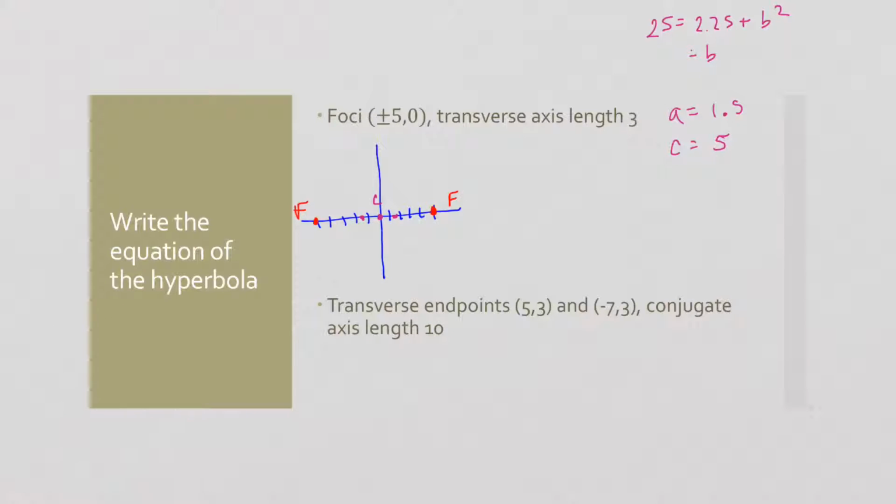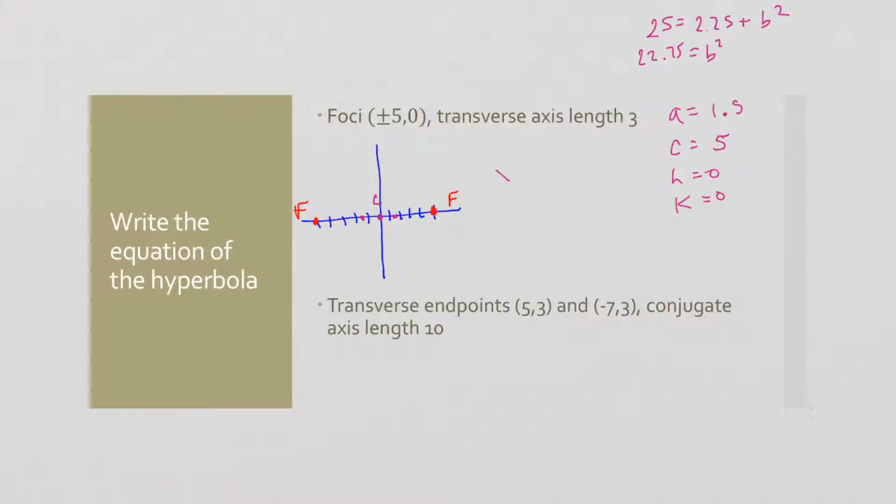So B squared is going to be 22.75. Now, because we're not graphing, we're just writing the equation, we can leave it as B squared. Remember, our H is 0, K is 0, and we're on the x-axis, so that means we're going to use an x squared equation.